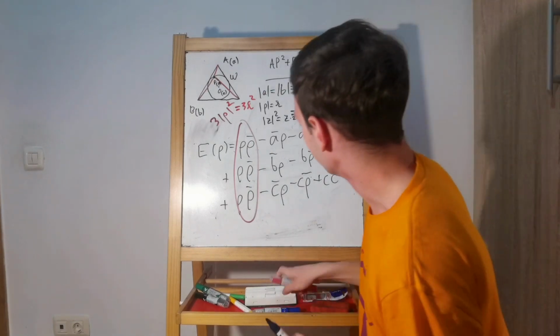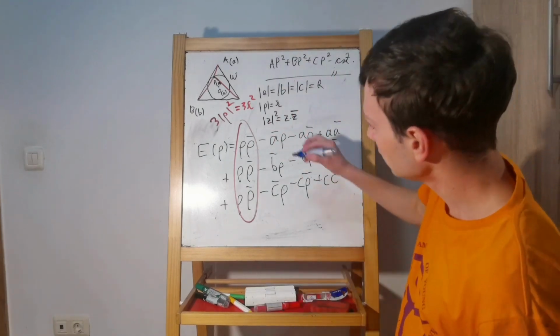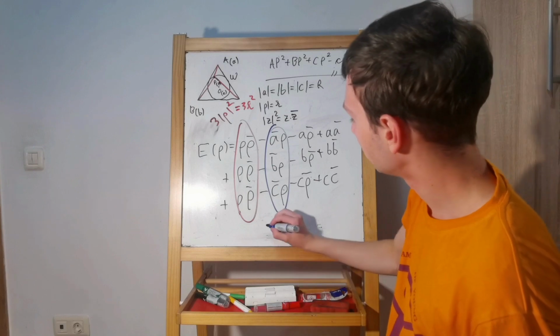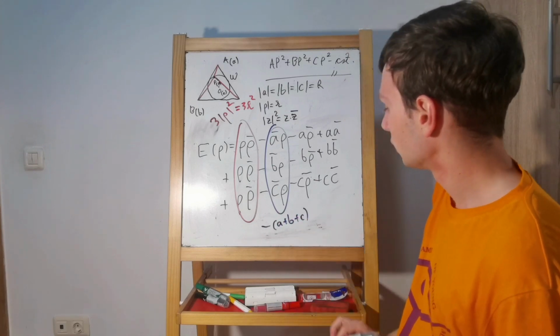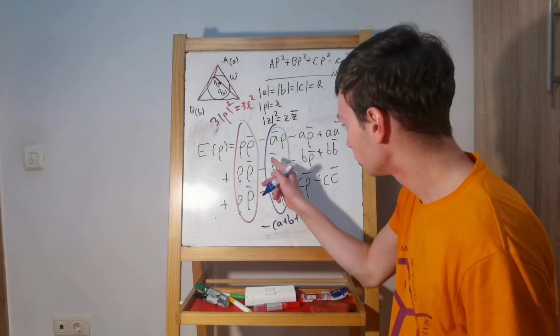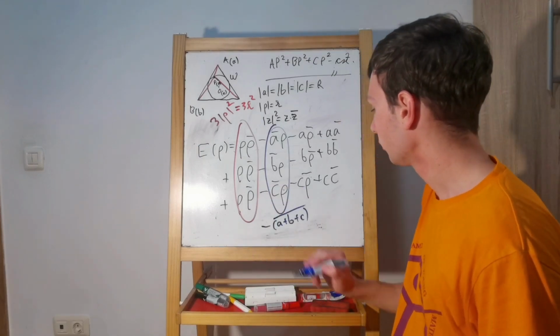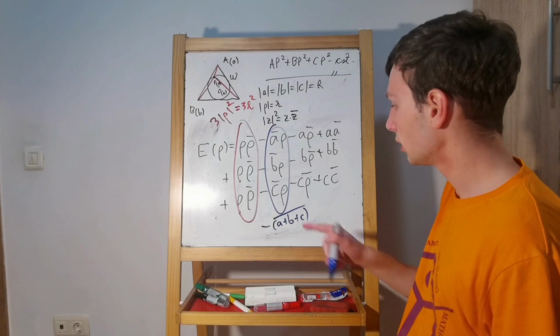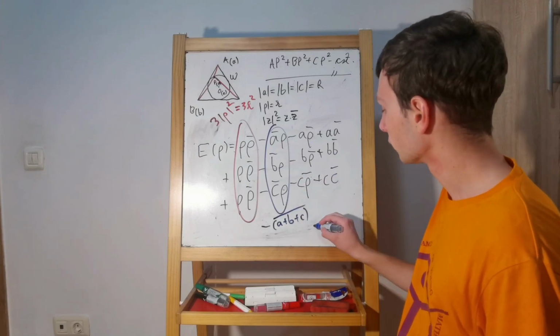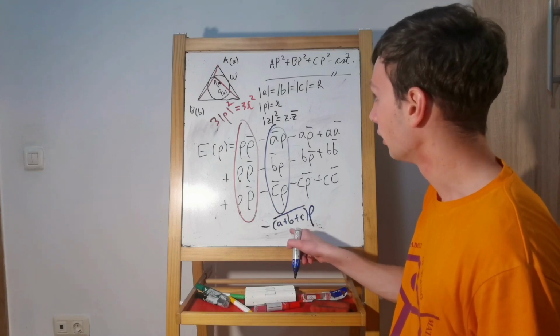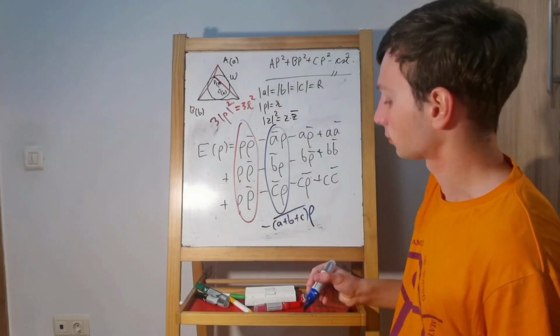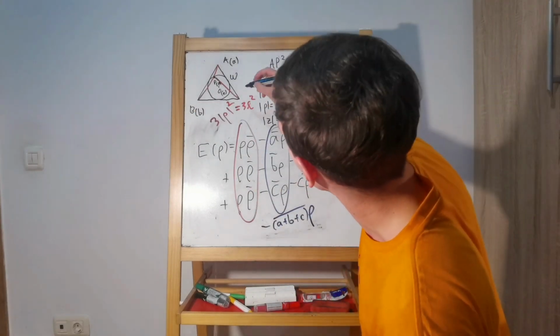Alright, now this we add up together and we'll have negative a plus b plus c conjugated, because the sum of conjugates is the conjugated sum, and p right here. Now observe that a plus b plus c, wait, something went wrong here.